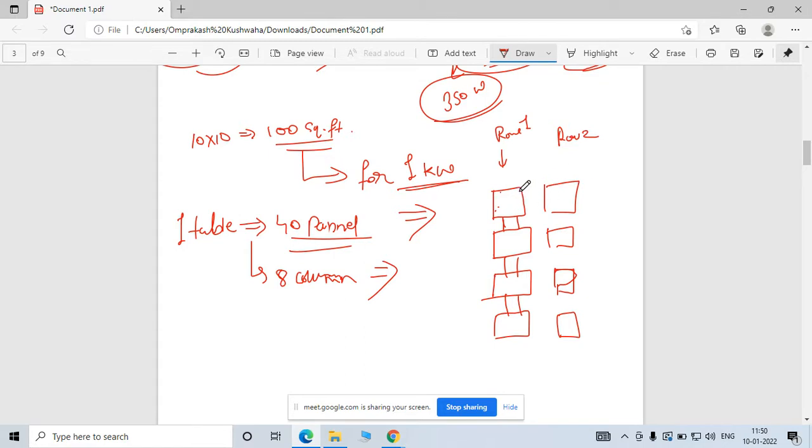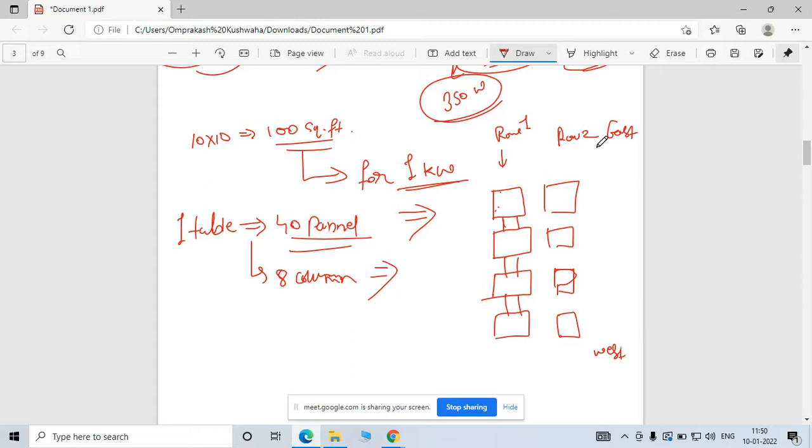For example, this is your east, and this is your west, right?